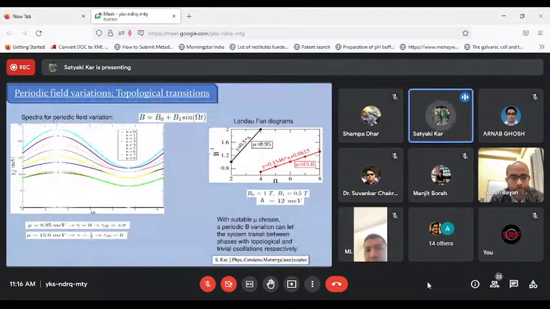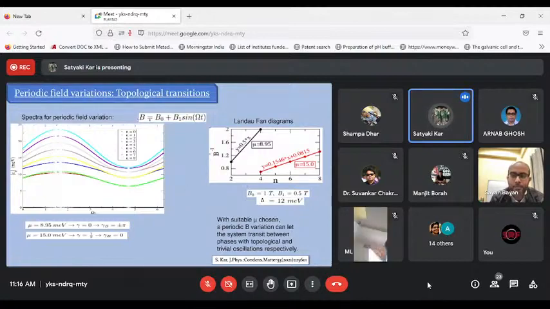So in this case, when my magnetic field is in the nodal plane, we can get both trivial and non-trivial oscillations. So we can consider a range of magnetic field and then repeat that by some periodic drive.